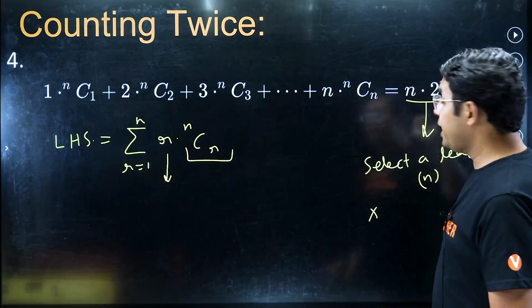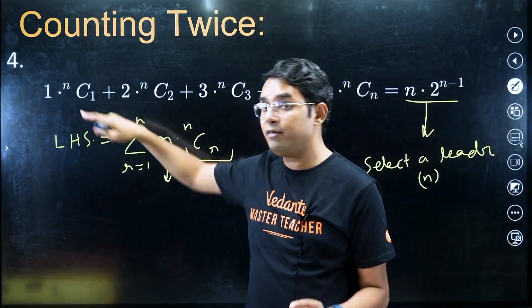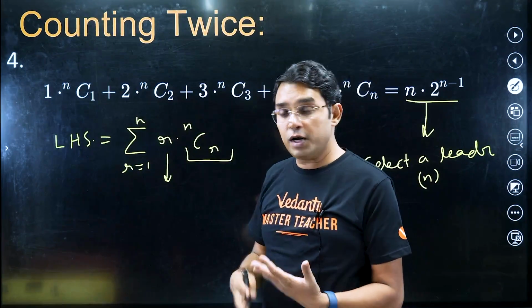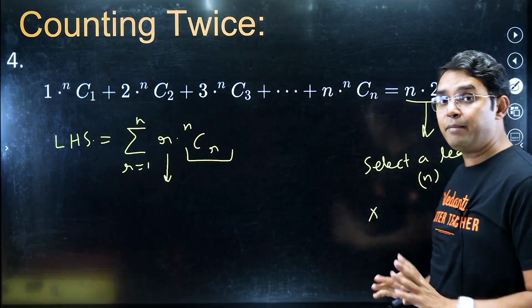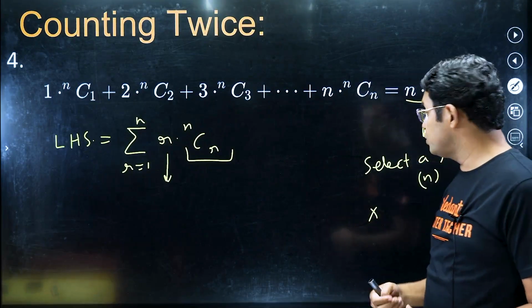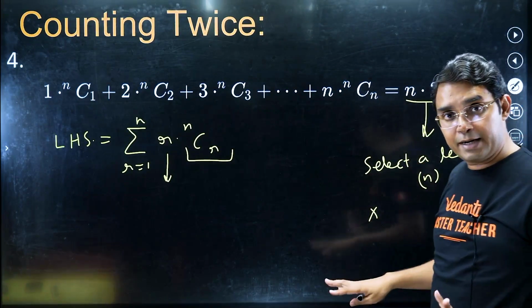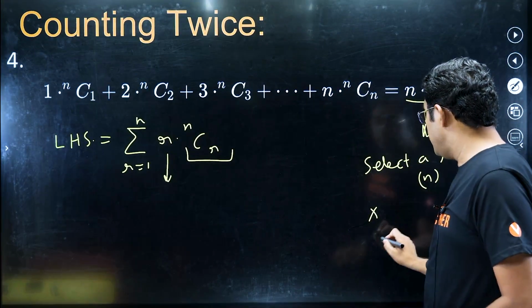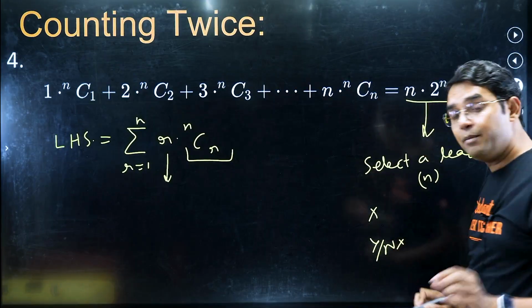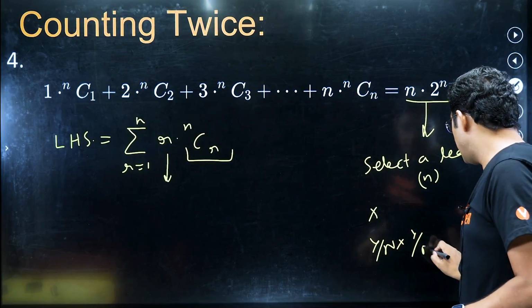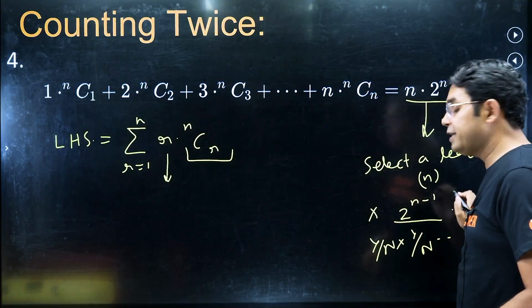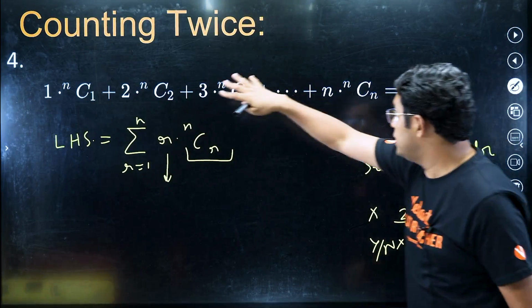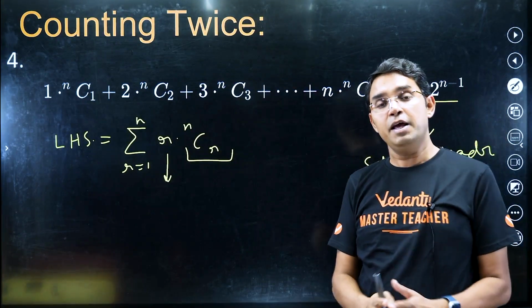From the remaining N minus 1, because I have the option of having a team of 1 only, team of 2 only, team of 3 only, or a team of all N students as well, there is no compulsion that I have to choose one student or not, because already one is selected. So I am now saying yes or no for every remaining N minus 1 student. That will be done N minus 1 times, that is 2 raised to the power N minus 1. I hope that is clear. So this will be equal to N into 2 power N minus 1, and that's one step.